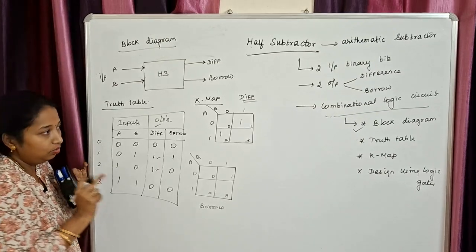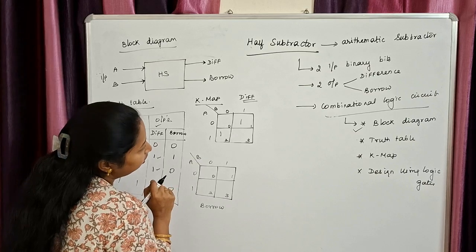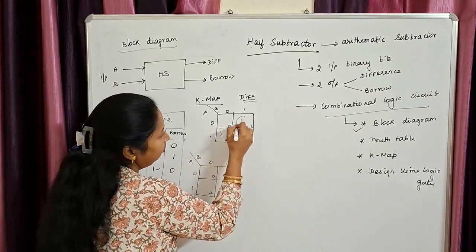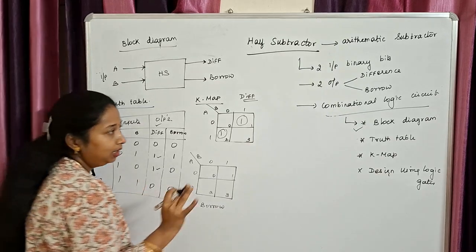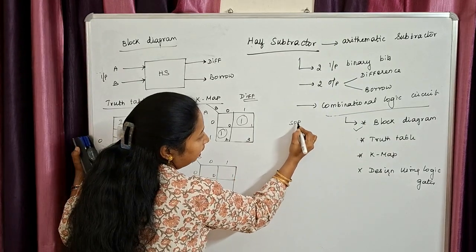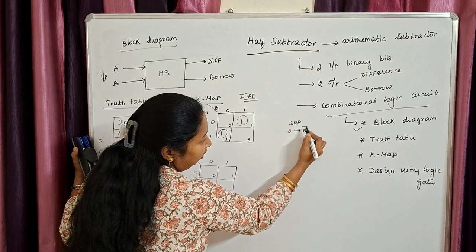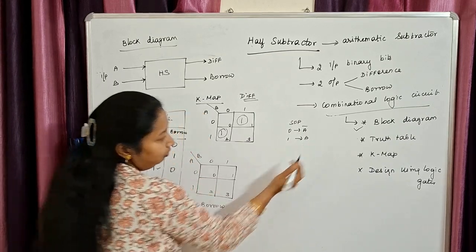Clear? Now, try to do the mapping. Can we do any grouping here? No, we have to go only for single variable mapping. Right? You very well know by default in SOP, we consider 0 as a complement of that particular variable and 1 as your actual variable.